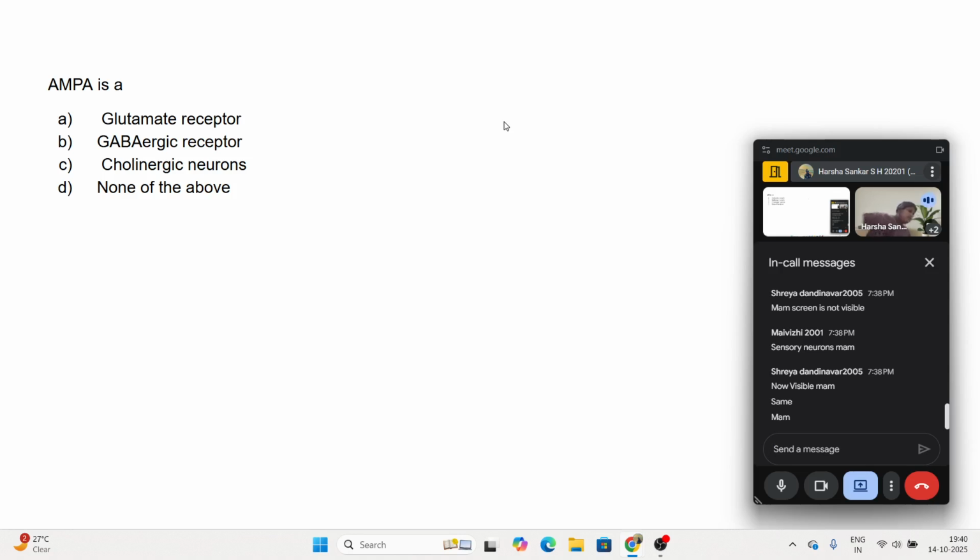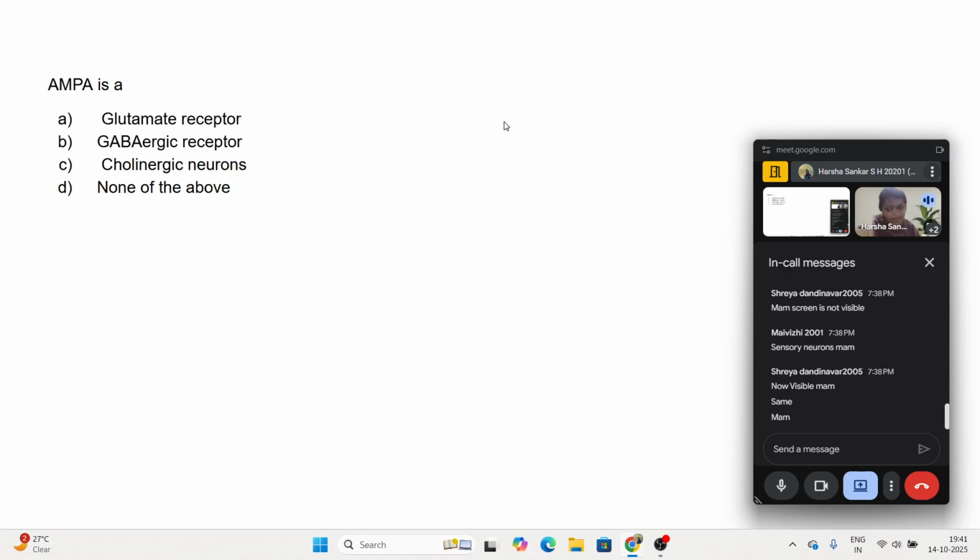We again learned it when we talked about the neural system, where we talked about the polysynaptic reflexes and all, where we mentioned skeletal system coordination activity. That time we again told this. So what is AMPA? Any idea?